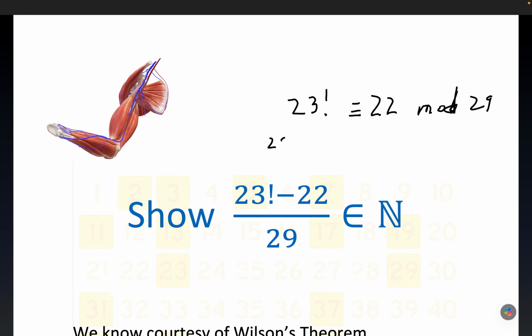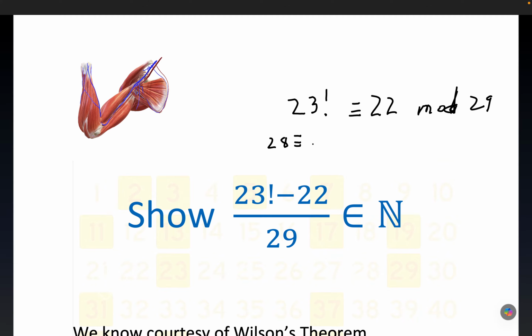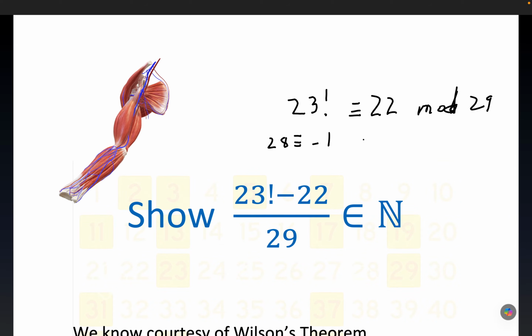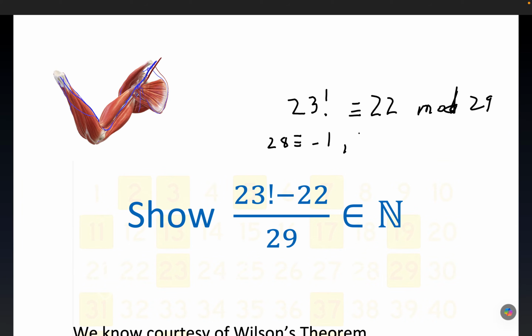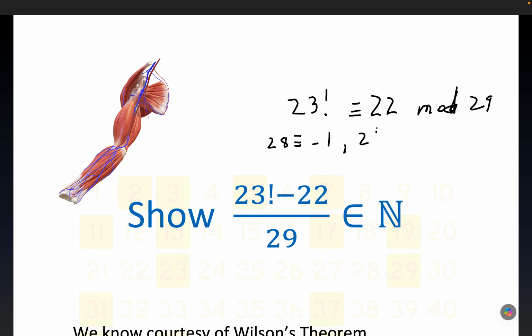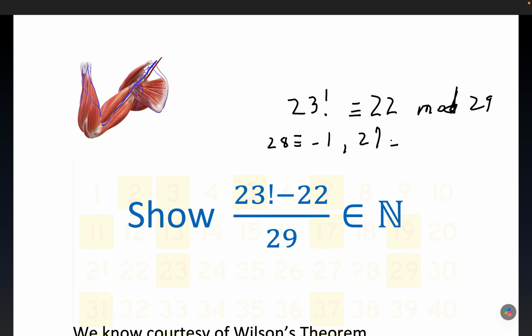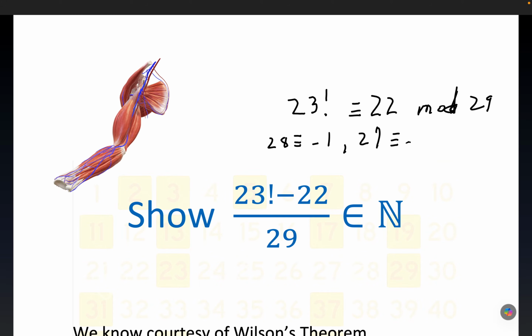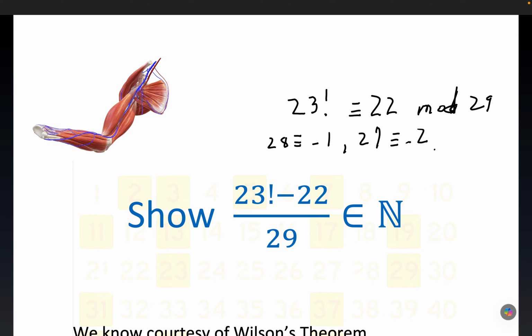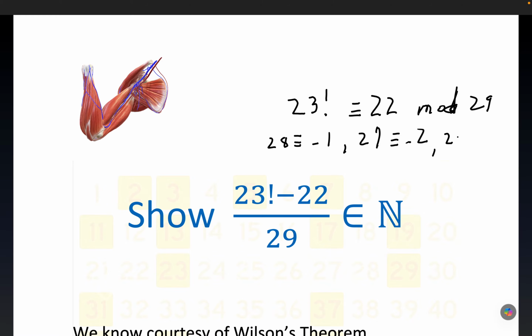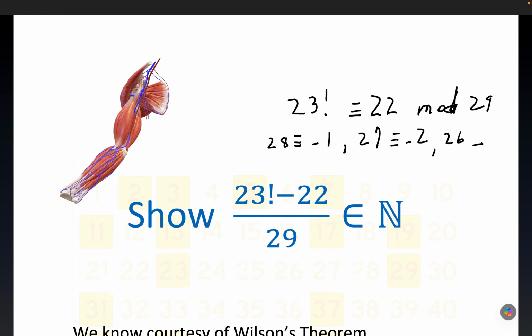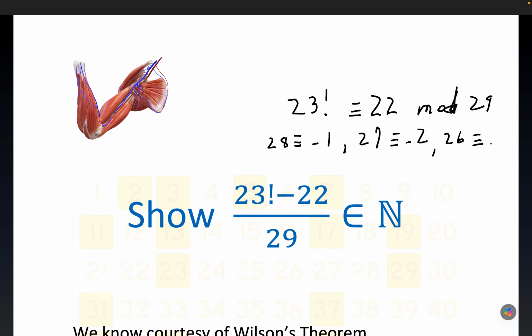Let's see here, let's do 28 is congruent to -1. 27 congruent to -2. And here's where the equality part of congruence really comes in handy. 26 congruent to -3. It's all modulo 29.